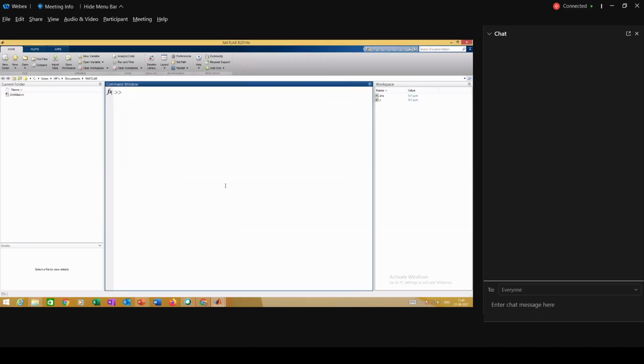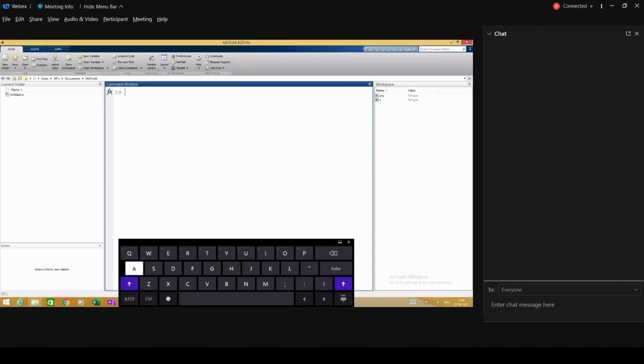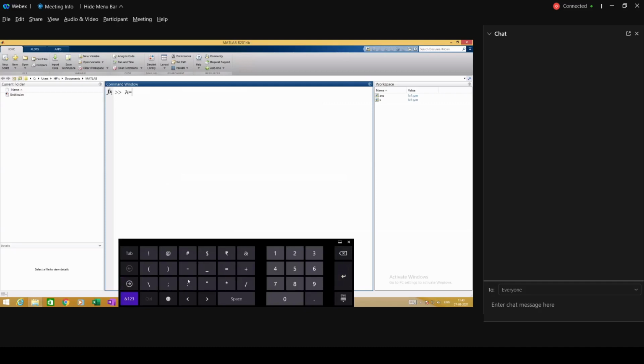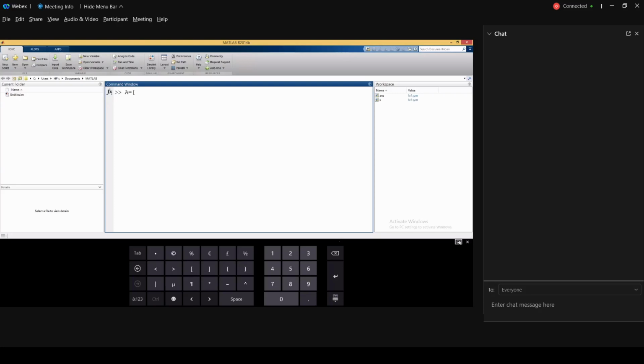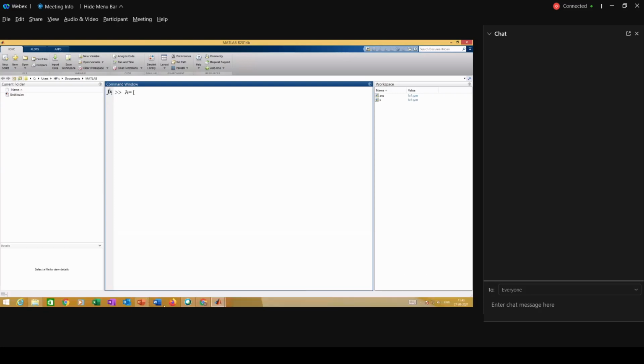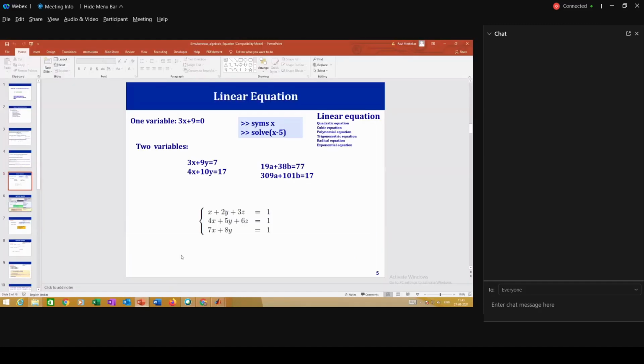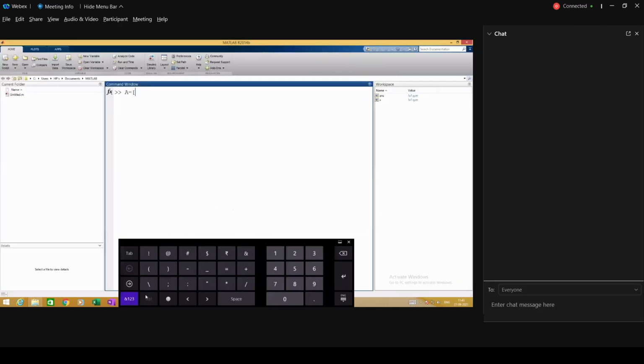I'm trying to formulate A. So let's have capital A equal to square brackets, and the first row is 3, 9, and the second row is 4, 10.